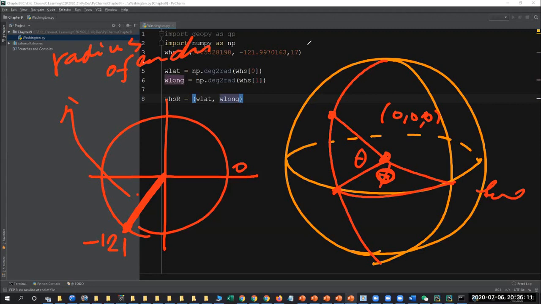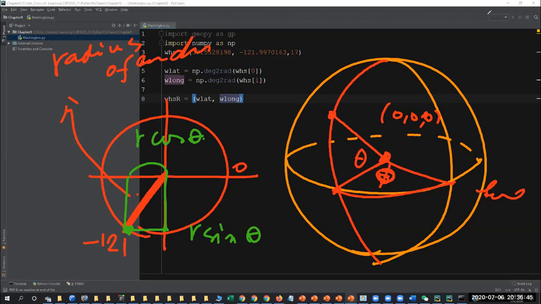So basically, this one should be R cosine theta, and this portion here is R sine theta. Is that okay? So we can define the x and y over here.